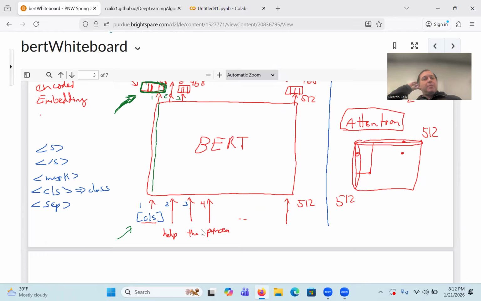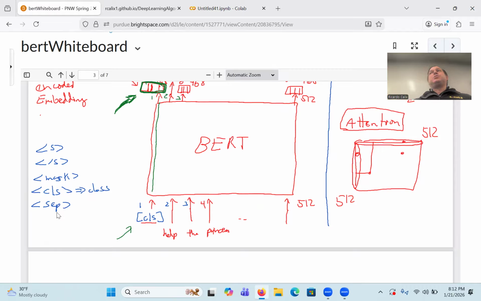What's great about this is that we can represent language that way. For instance, BERT takes a sequence of 512 tokens in this example. The first token of a BERT model is CLS, and there are special tags: the word mask, CLS, which indicates class, SEP, which indicates separator.